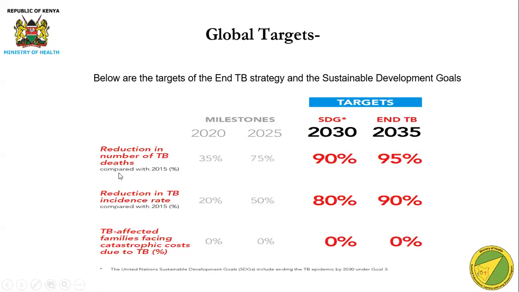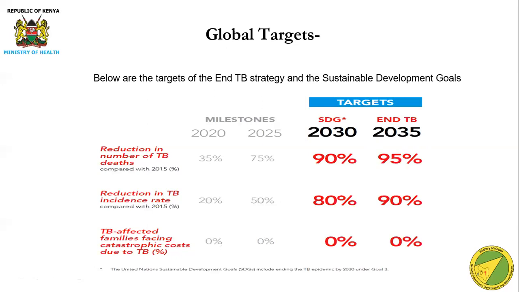By 2025, we are supposed to have reduced it by 75%. And by the end of the SDGs in 2030, we're supposed to reduce mortality due to TB by 90%. And by the end of the NTP strategy in 2035, we are supposed to reduce it by 95%.